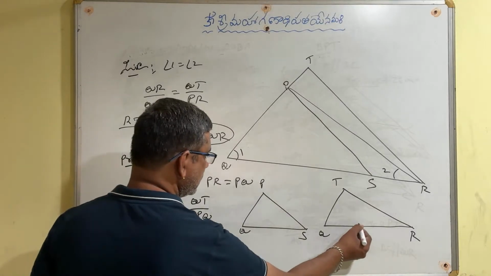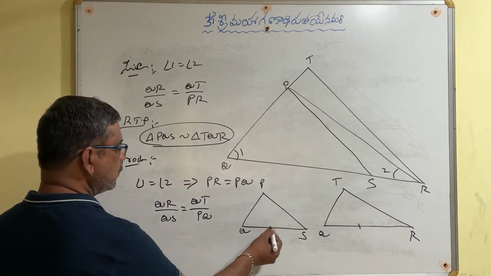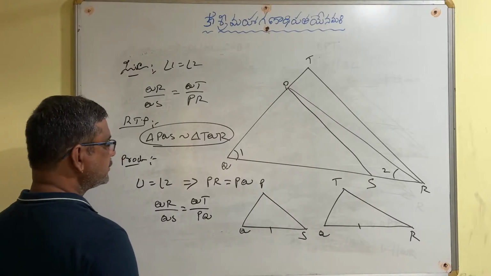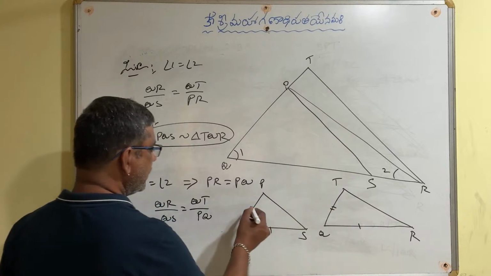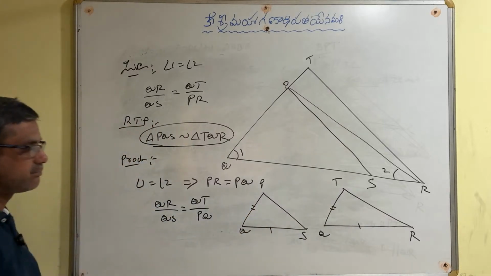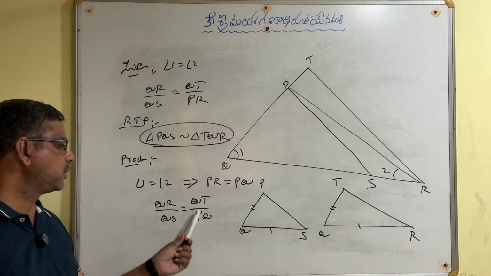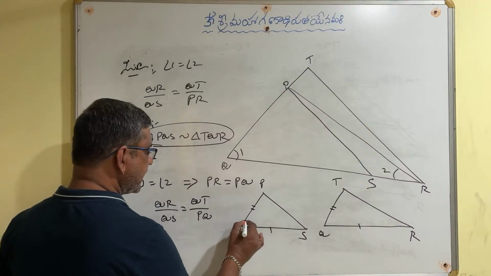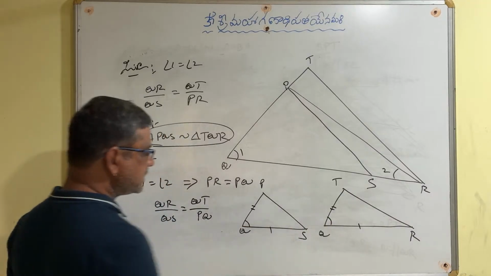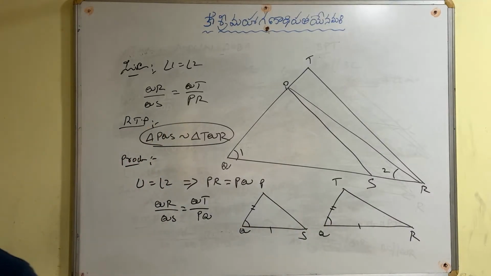QR by QS is equal to QT by PQ. Okay. And in both the triangles, angle Q is common. Is that right?